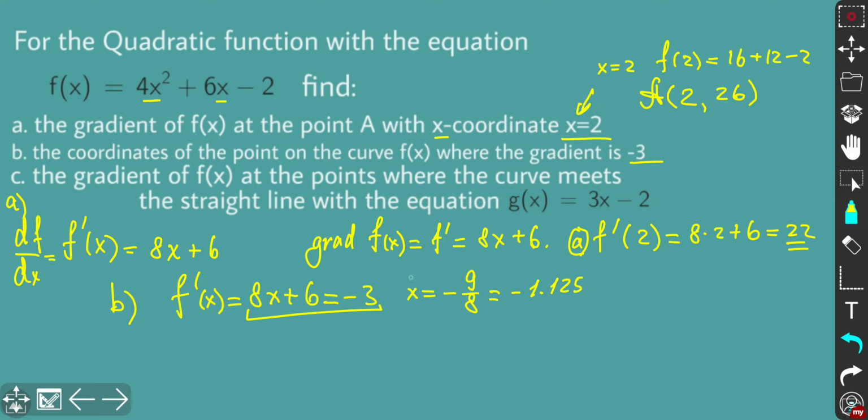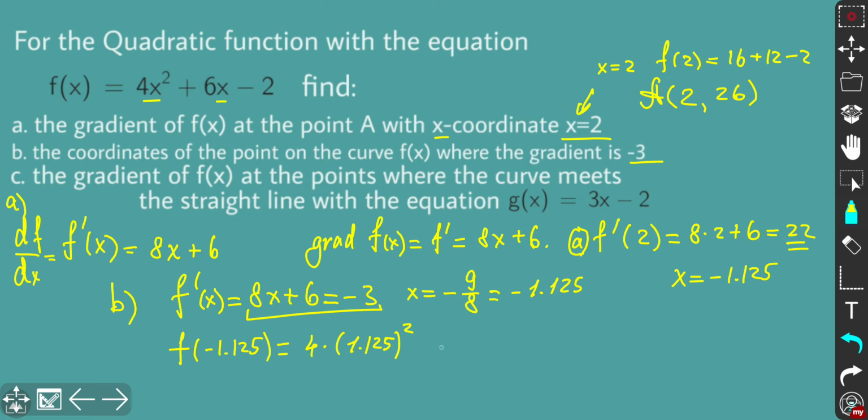And we also need to find the y coordinate of that point. So what do you need to do? You simply plug into your original equation. So let's plug that in, and f at the value negative 1.125 will give you the following. So 4 times 1.125 squared.